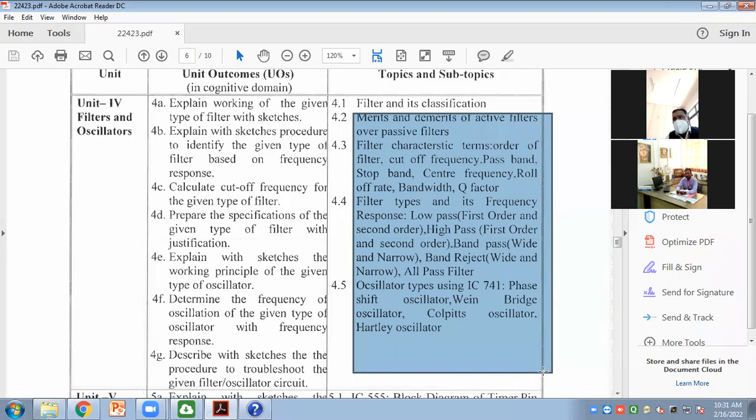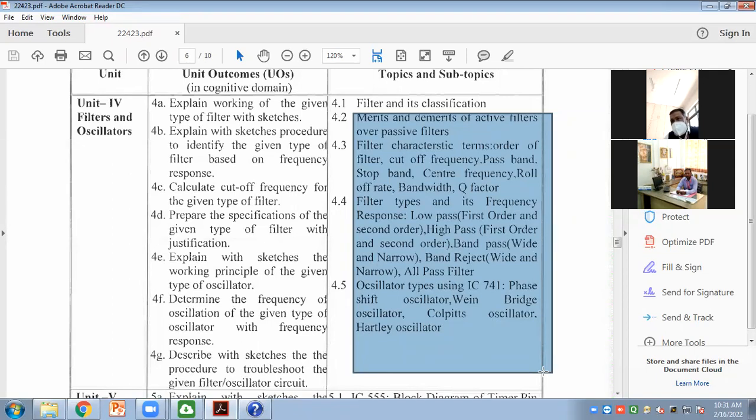Then filter types and their frequency response: low pass filters, first order and second order, high pass filters, band pass filters, band reject filters, all pass filters. These are the parameters we are going to study under the filter topic.